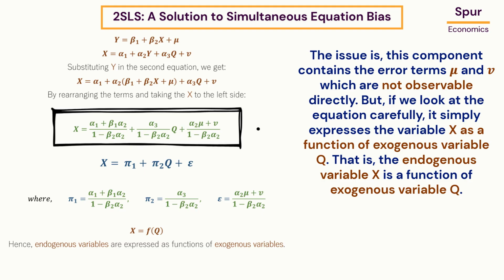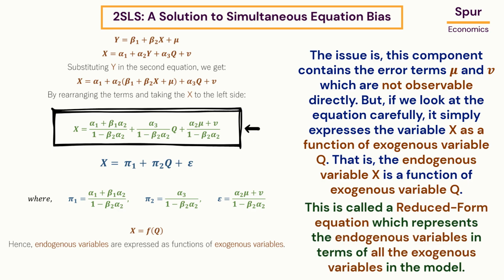But if we look at the equation carefully, it simply expresses the variable x as a function of exogenous variable q. That is, the endogenous variable x is a function of exogenous variable q. This is called a reduced form equation, which represents the endogenous variables in terms of all the exogenous variables in the model.